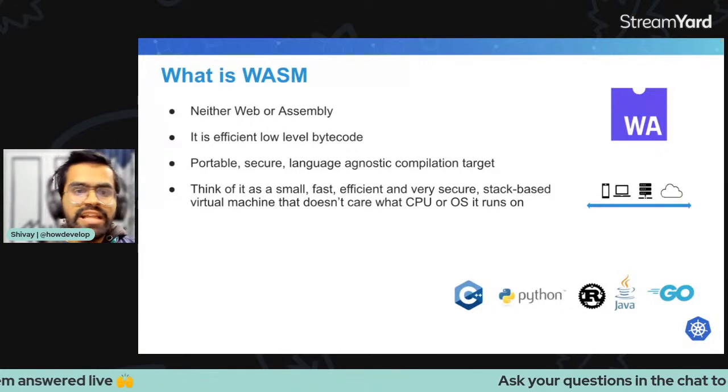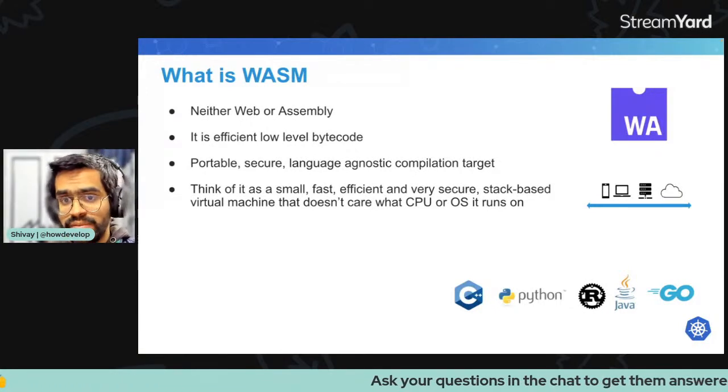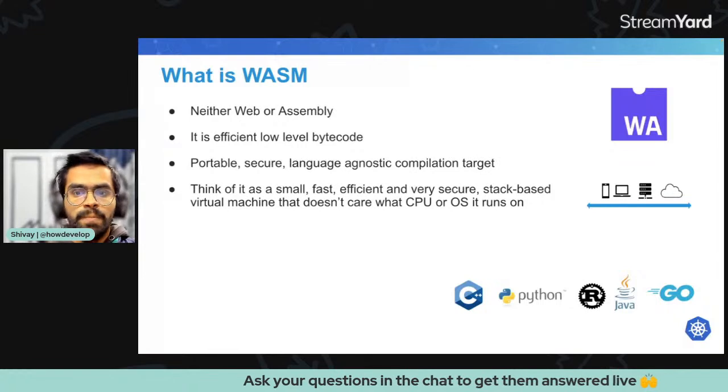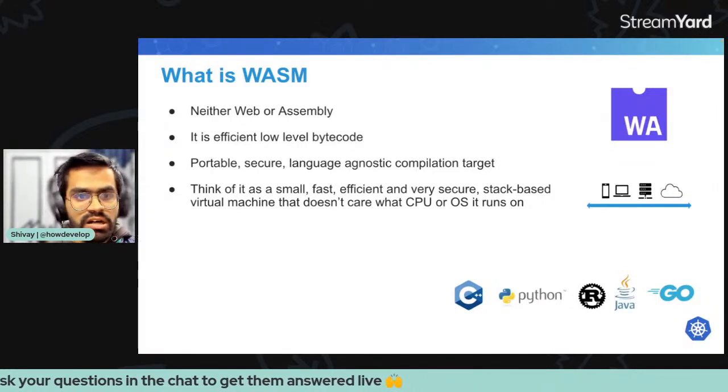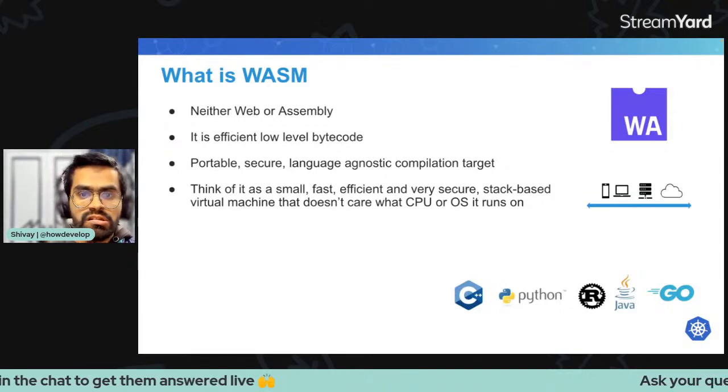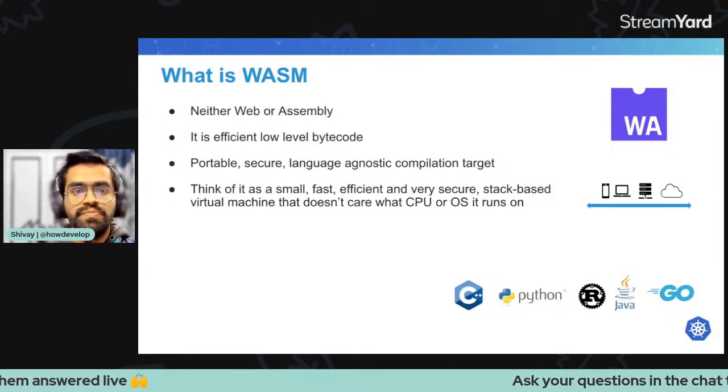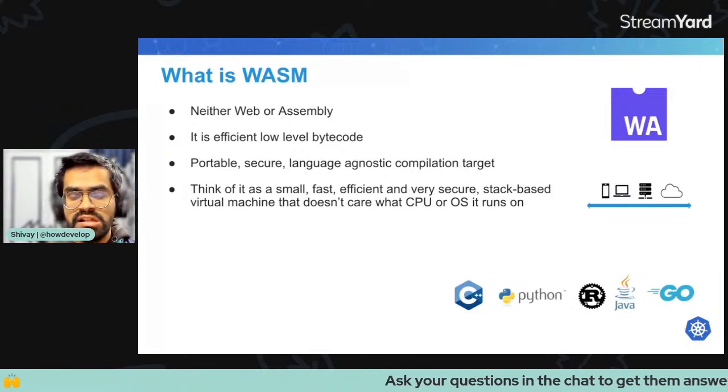The added benefit that you also get with WebAssembly is security. The WebAssembly bytecode itself cannot really do anything. Whether it's interacting with your file resources or network resources, you have to set up the rules for it to interact with the outside environment.